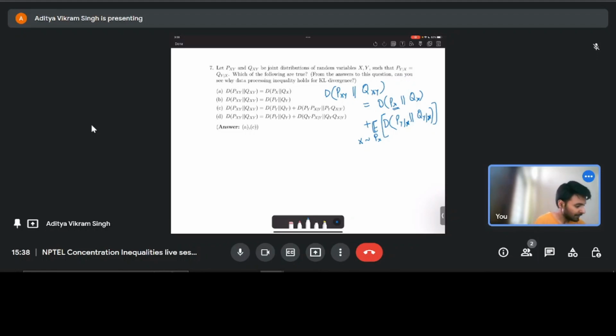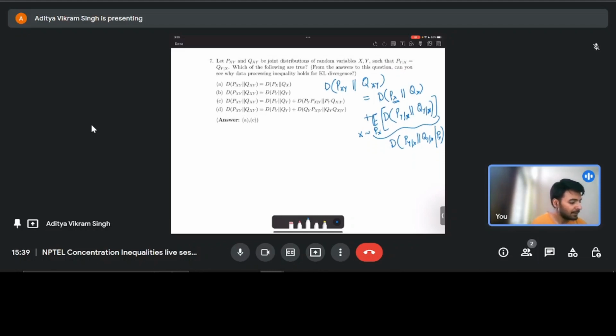All right. So, another notation for this second term is D(P_{Y|X} || Q_{Y|X} | P_X). Right, this is just notation. Now P(y given x) and Q(y given x) are equal.